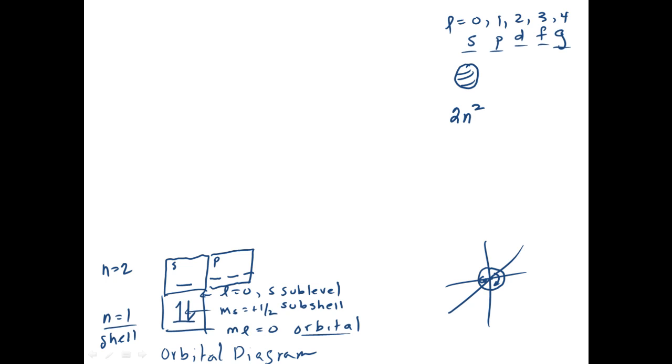So the next element on the periodic table is lithium. Lithium has three protons. It's got to have three electrons. Well, the first two electrons go just like hydrogen and helium's electrons. But the third electron goes right here, spin up.